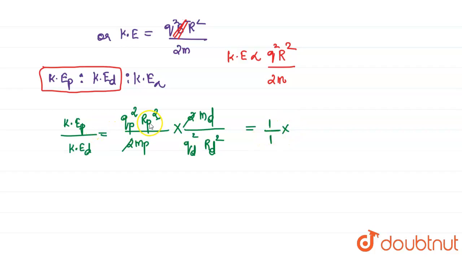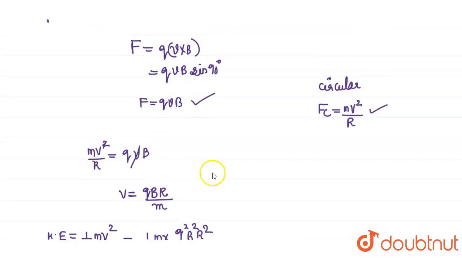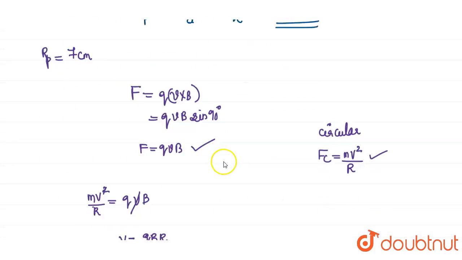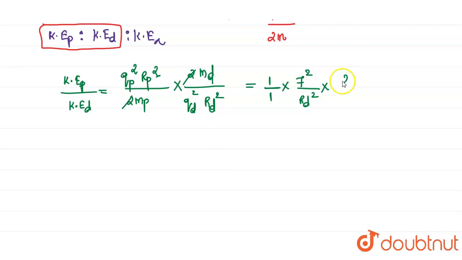Okay, what about the radius of the proton? It is given 7, so 7 square divided by radius of deuteron square into the ratio of mass of deuteron and mass of proton. Here mass is given 1:2. The ratio of kinetic energy of proton and deuteron is given as 1. So 1 is equal to 7 square divided by RD square into... okay, there is no mass squared here, only 2.